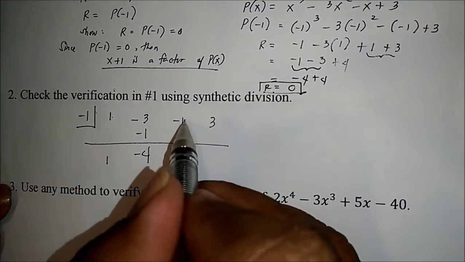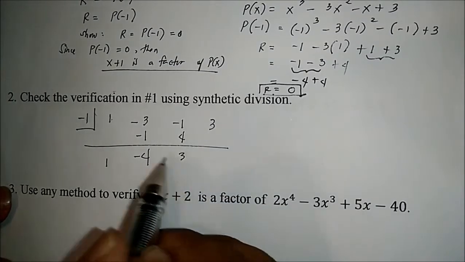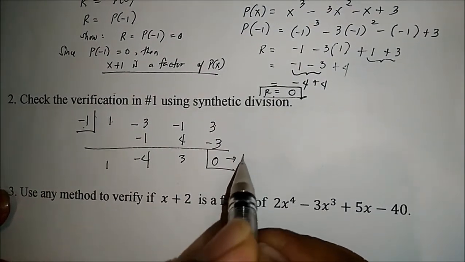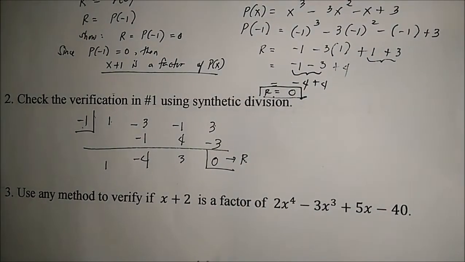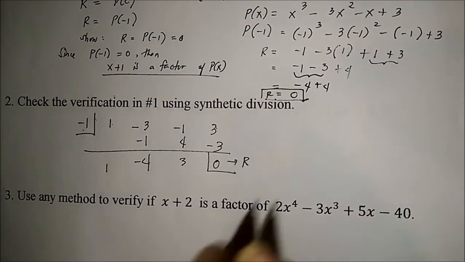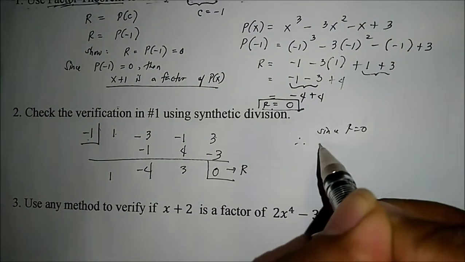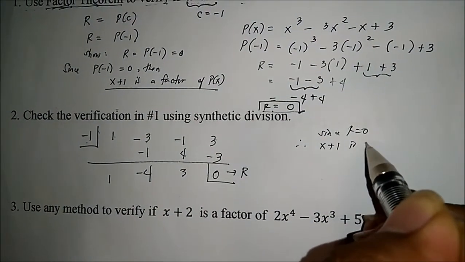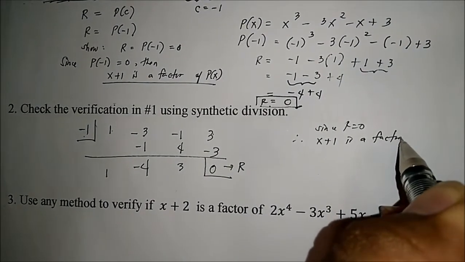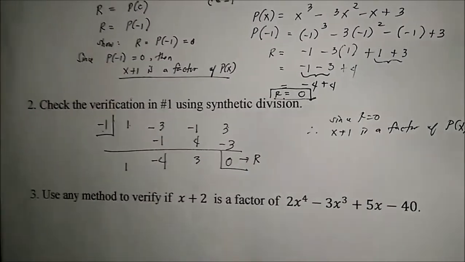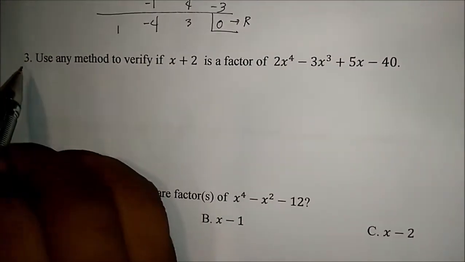This is positive 4. This is positive 3. This is negative 3. This is 0. As you can see, the remainder is really 0. Therefore, x plus 1 is a factor. Since the remainder is 0, then we say that x plus 1 is a factor of the given polynomial p of x.